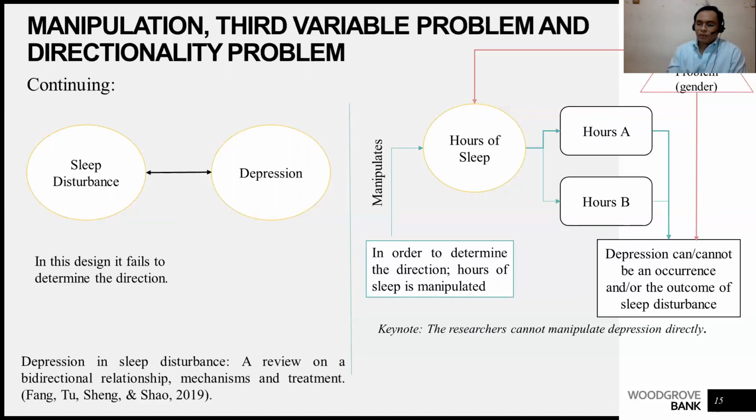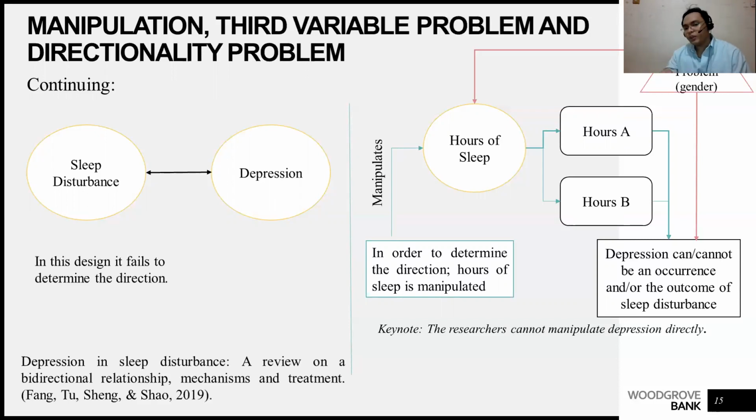On the other hand, by the use of an experiment, first they need to determine the independent variable. The independent variable in their title is the sleep disturbance. Why? Because the researchers cannot manipulate depression directly, but they can manipulate the hours of sleep of the participants.